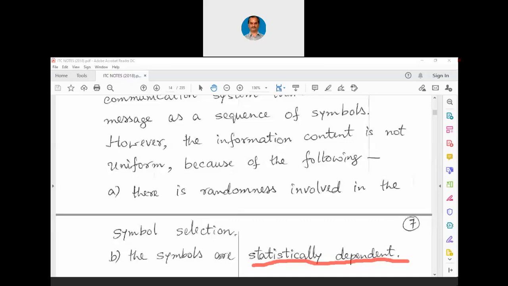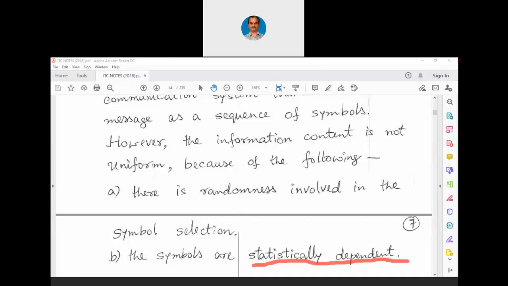There are only 5 words in this sentence, but all these 5 words are dependent on each other, because the whole sentence becomes meaningful only when these 5 words are related to each other. Otherwise, unrelated words will not have any meaning as such. Just like this, even in information, all the symbols which you use are statistically dependent, because information itself is related to each other.